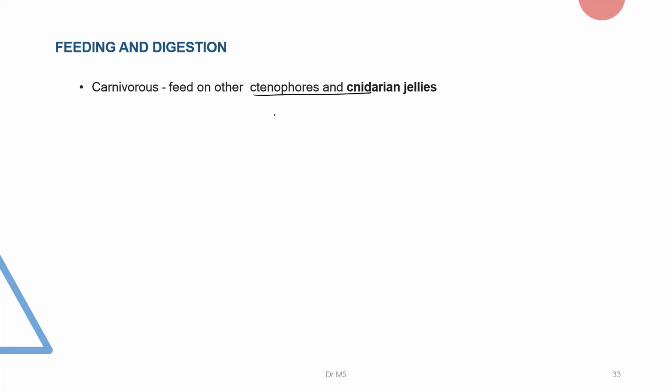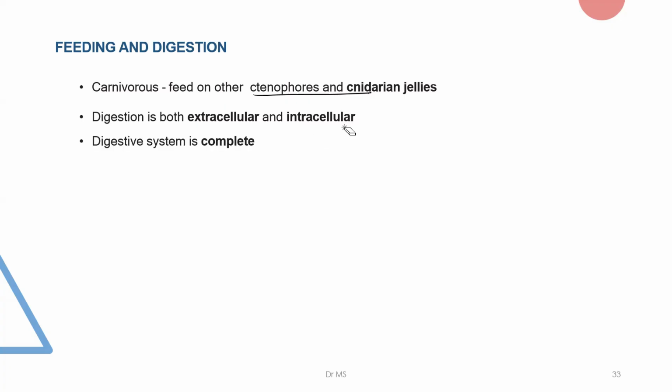Digestion is both extracellular and intracellular. That means it will happen inside the cell as well as outside the cell. And the digestive system is complete. What do you mean by complete digestive system? They have two openings. One is the mouth, and there is a middle gut, which extends through the entire body.